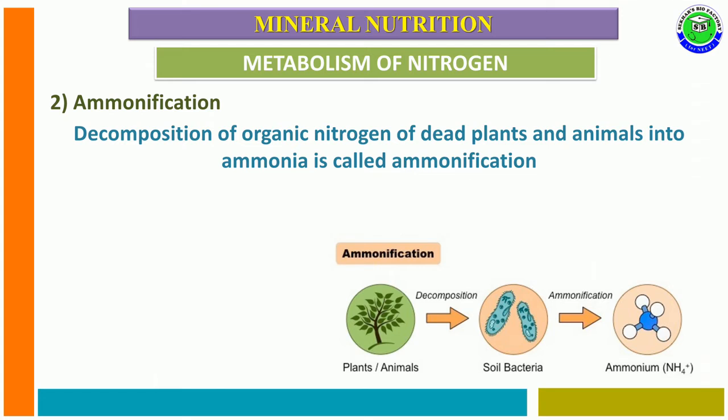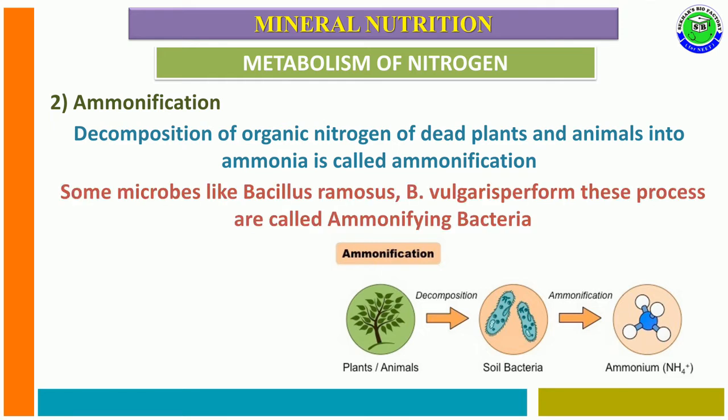The second step in the nitrogen cycle is ammonification. Whenever plants and animals die, they undergo decomposition. During this, the decomposition of organic nitrogen present in dead plants and animals into ammonia is called the ammonification process.